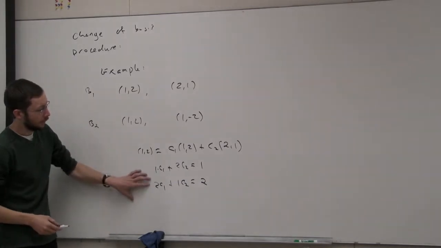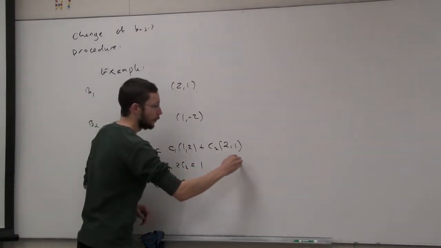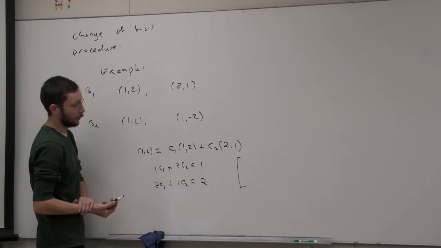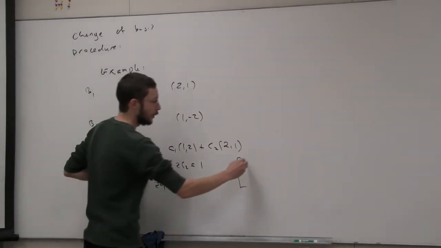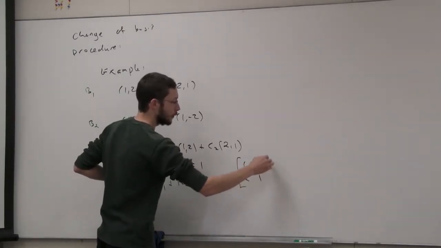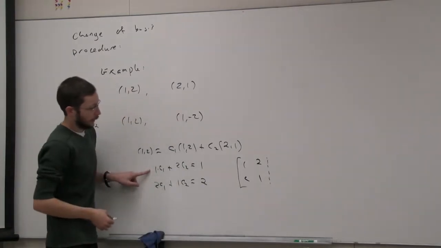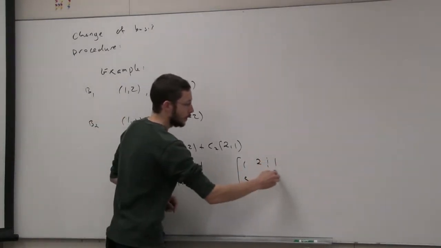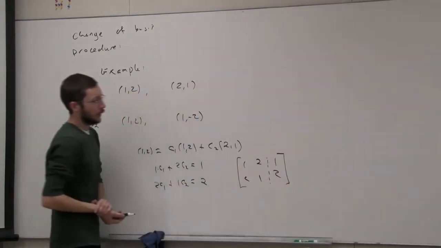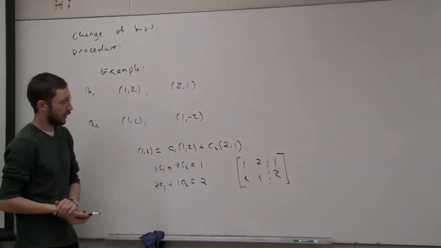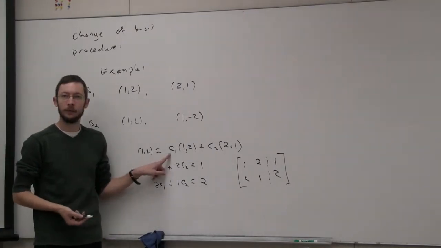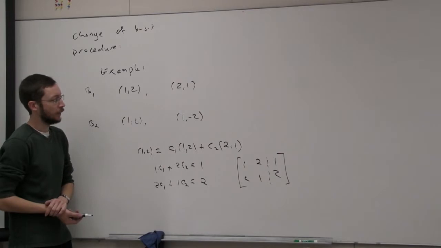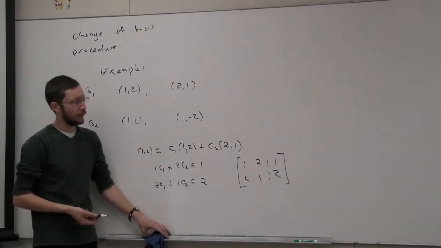And so we get this little matrix that we'd have to row reduce: 1, 2, 2, 1, and 1, 2. We'd row reduce that and find C1 has to be 1 and C2 has to be 0. So we won't go through that just yet.